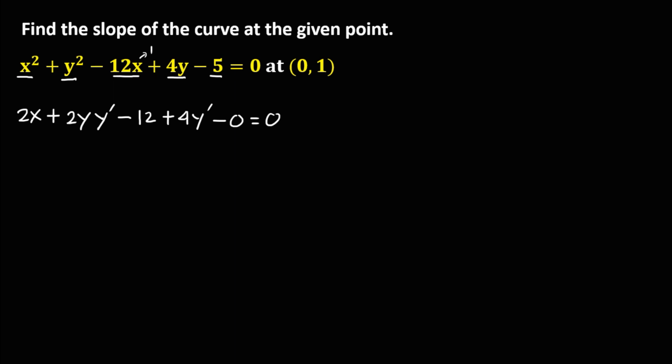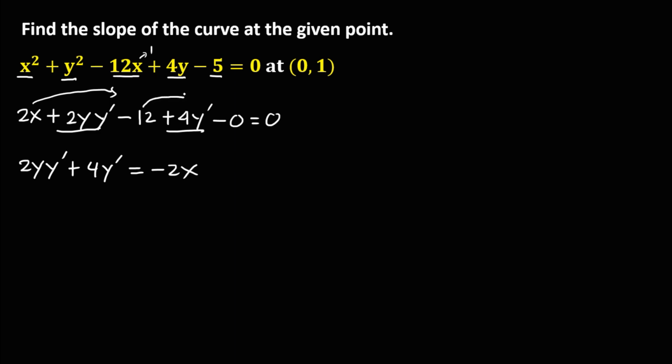This time we can group all terms with y prime and transpose the rest to the other side. So we have 2y y prime, then this positive 4 times y prime, then this positive 2x transposed to the other side becomes negative 2x.